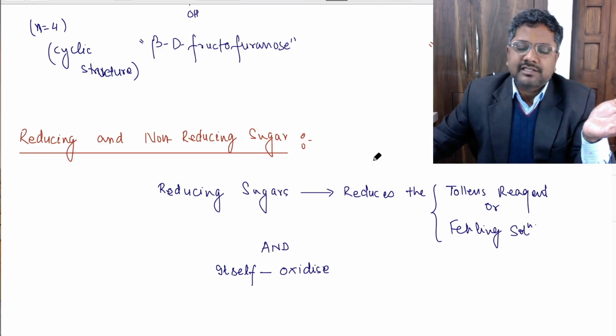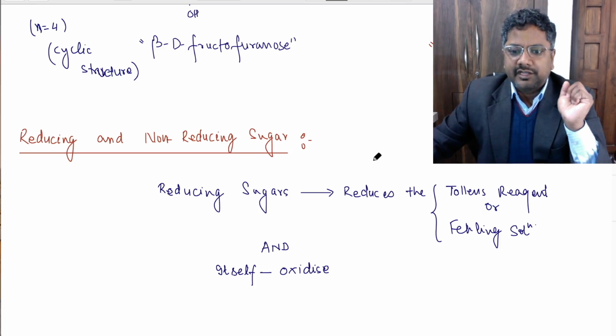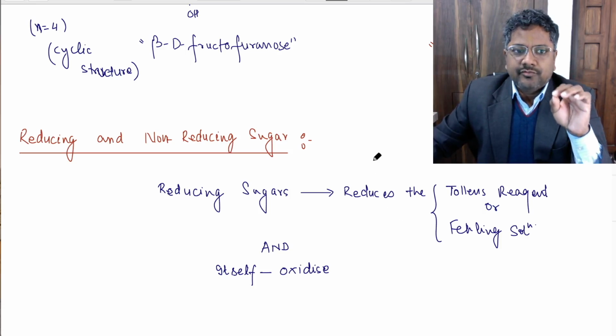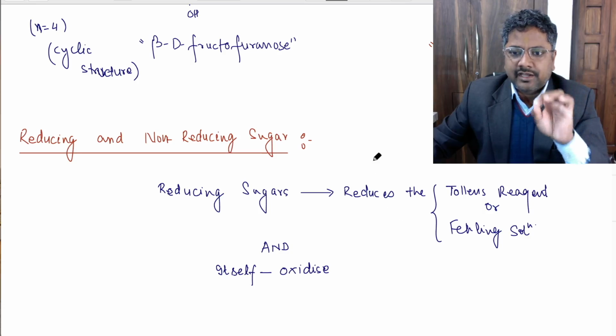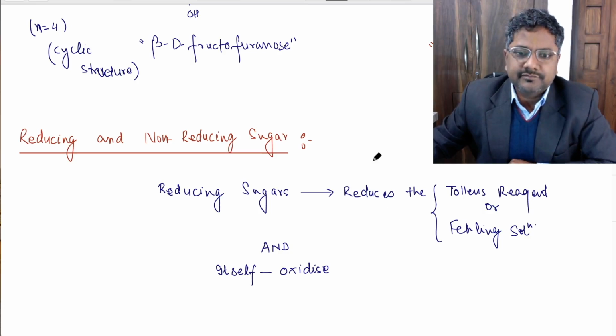Aldo sugars have an aldehyde group, so they are reducing in nature, right? But fructose is a keto sugar. It has a ketonic group, and in basic chemistry, all of you have studied that ketones do not reduce Tollens and Fehling's solution.